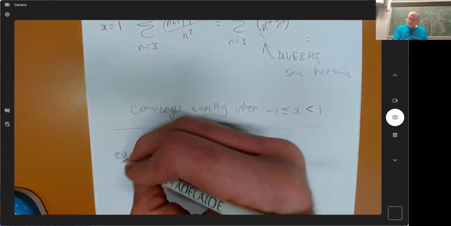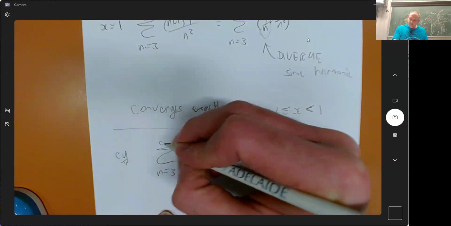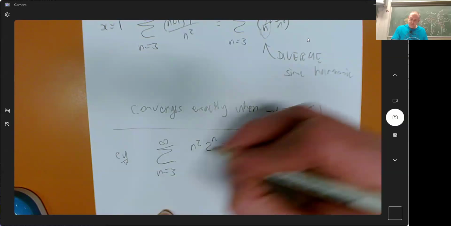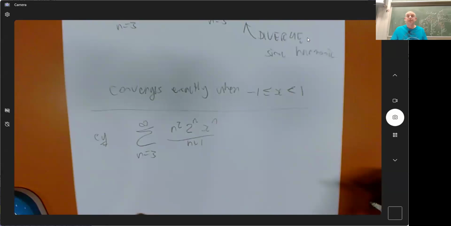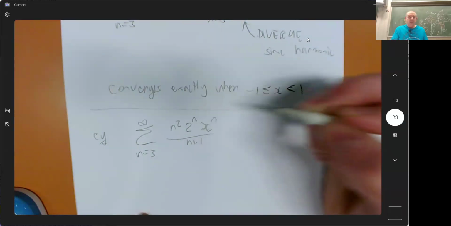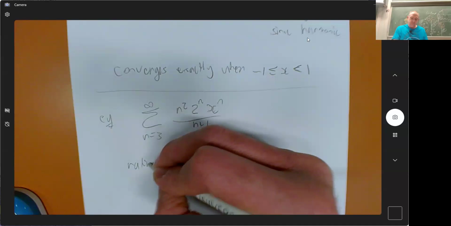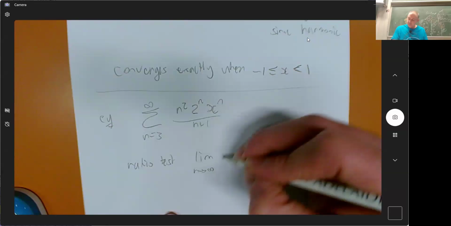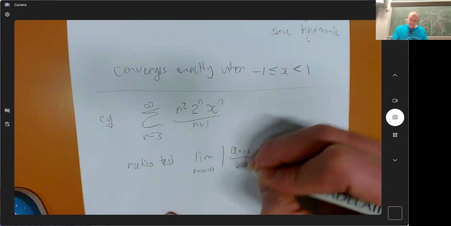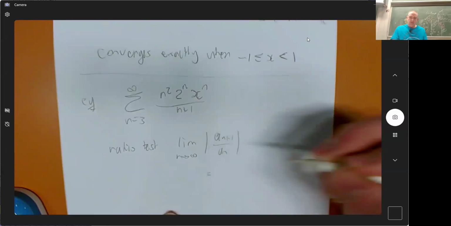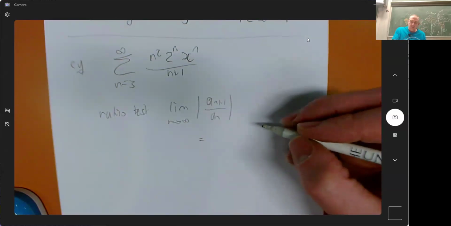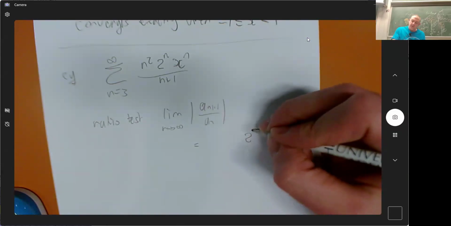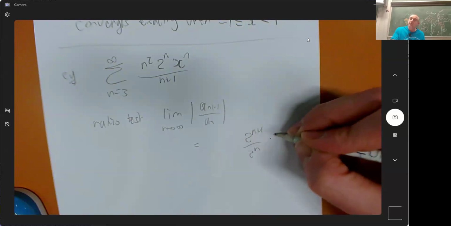If it had been that one, for example, then when I did the ratio test, I would have gotten there'd be like a, no, can I do, there would have been a 2 to the n plus 1 over 2 to the n in there.